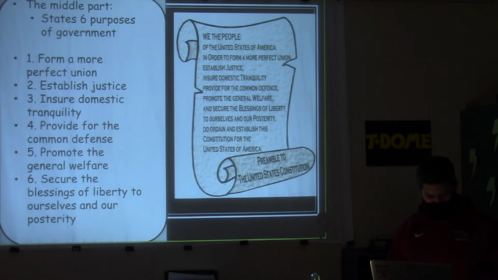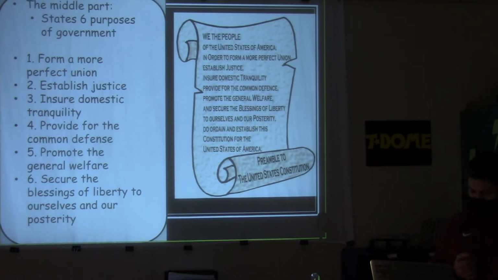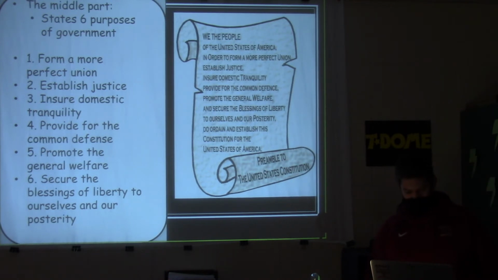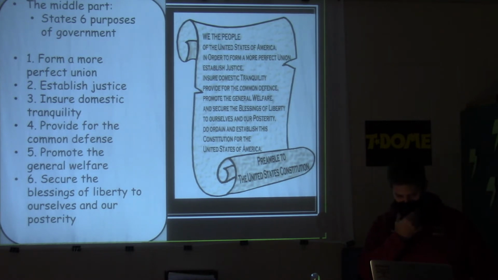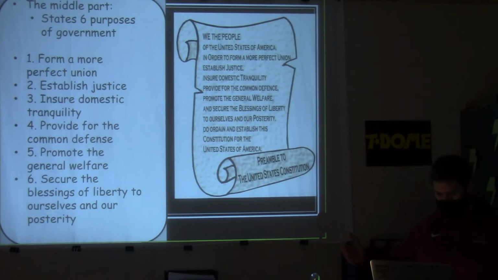Number 5, promote the general welfare, as in the welfare of its constituents, the people, the United States citizens. Number 6, secure the blessings of liberty to ourselves and our posterity. So, those are the 6 purposes of government, specifically listed, that the Constitution is going to try to ensure and protect for us American citizens.